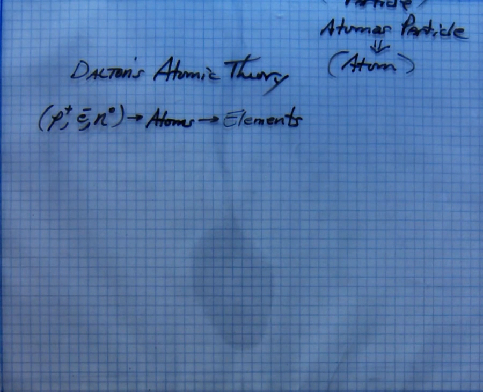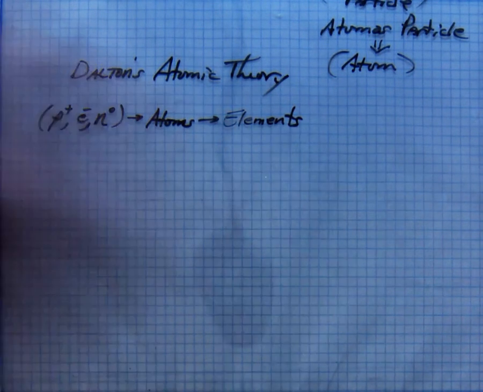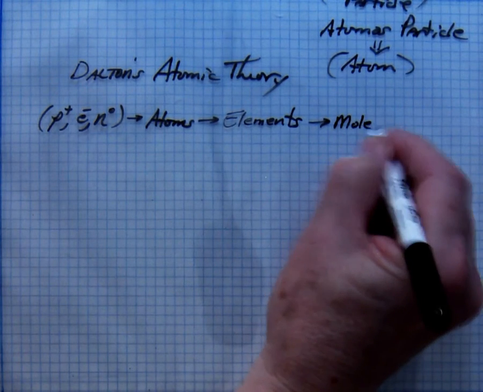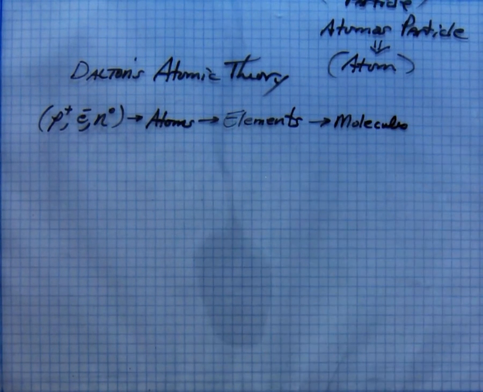If we take a lot of hydrogen or a lot of carbon, then we say, well, that's a quantity of elements. Elements interact with elements to produce molecules. And in the same context, a molecule is an individual structure.